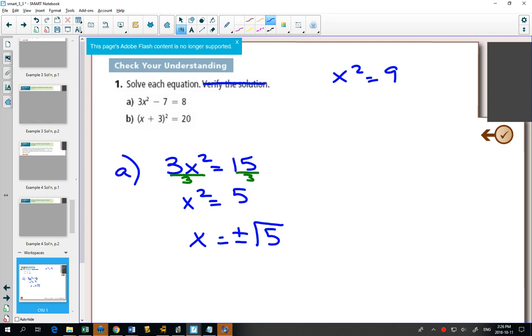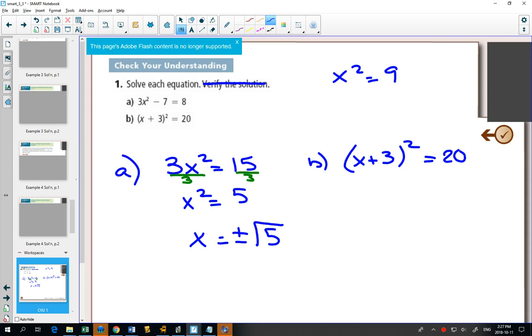If you have something bigger squared, like here I have x plus 3 all squared equals 20, and I can get that bigger thing squared all by itself, how could I get rid of the squared sign? Square root.